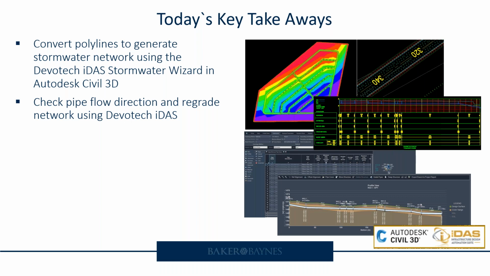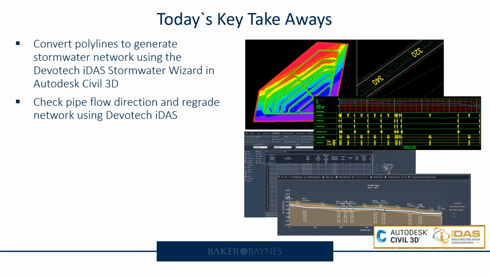Thereafter, we used the flow direction. Best practice would be to go to the flow direction directly, select your outfall location where you want your network to outfall to, and then make sure you tick the regrade pipes option. It'll open up the menu where you could set your cover values for minimum and maximum.